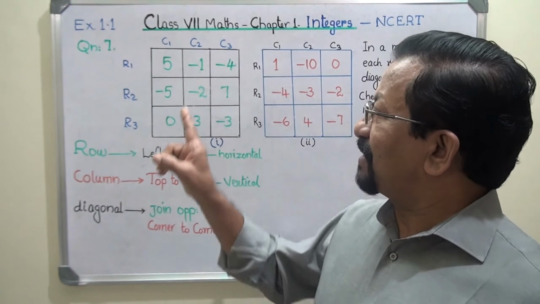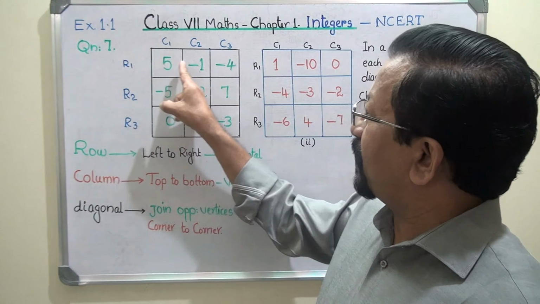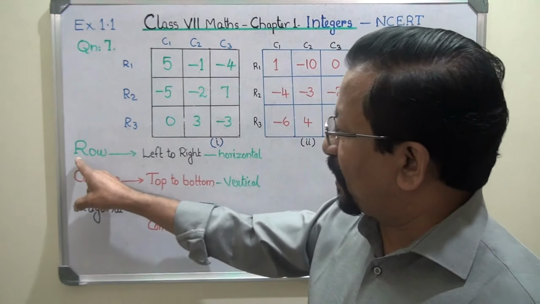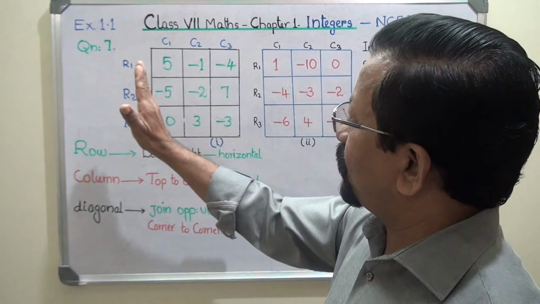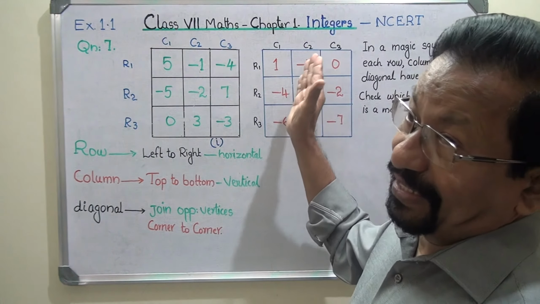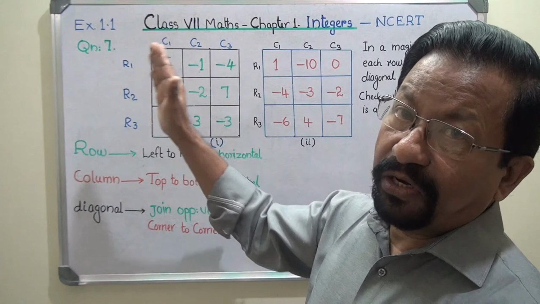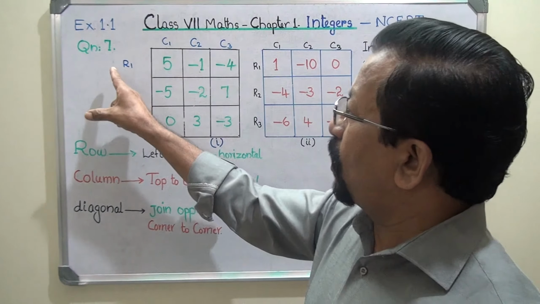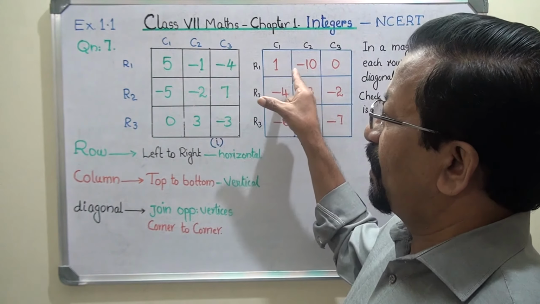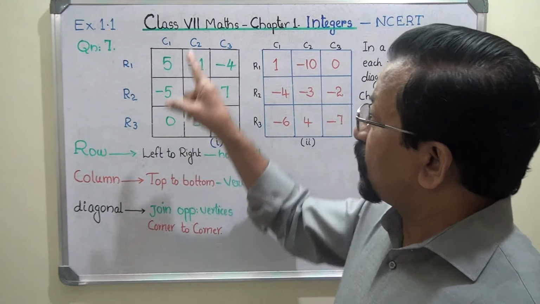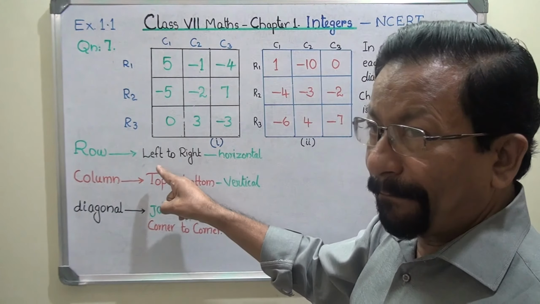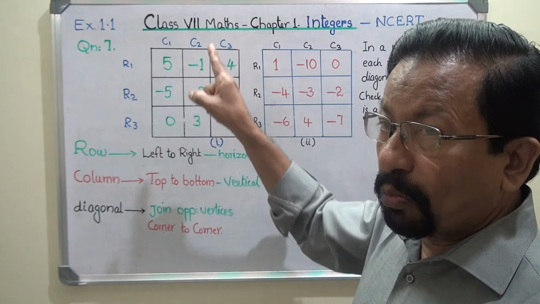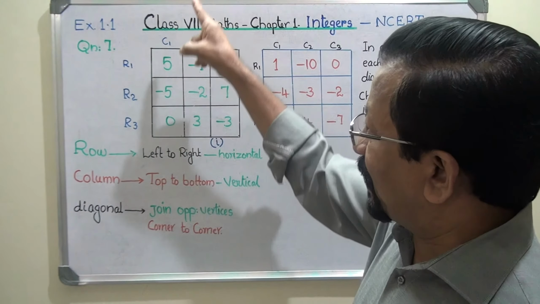A row means from left to right. You can say right to left also, but normally we say row is left to right. That means horizontal. A column means top to bottom, that is vertical.